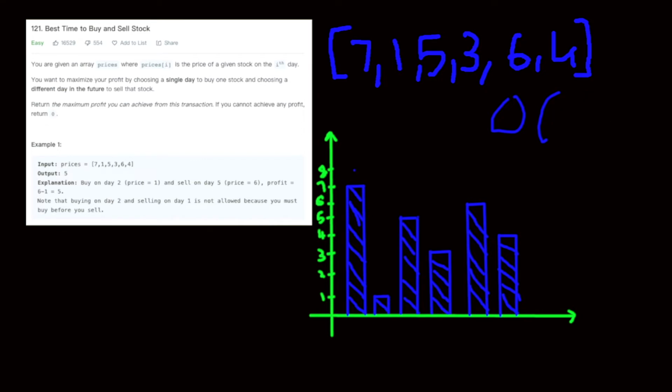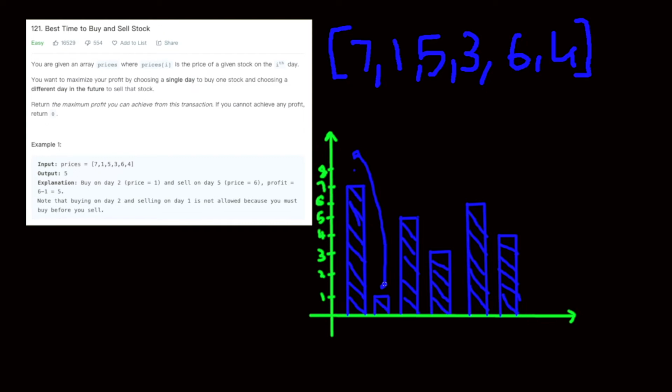Let's try to identify what we might be missing here. If you were to take the array and visualize it as a graph, you can notice the values in a much better form. You know that if you buy something and sell it the next day here, it's going to result in a negative value.